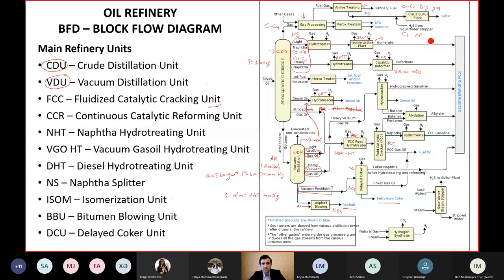And we have other gases here. What are other gases? Gases from FCC, gas from catalytic reformer, gas from hydrotreating, gas from isomerization plant, gas from hydrotreater.